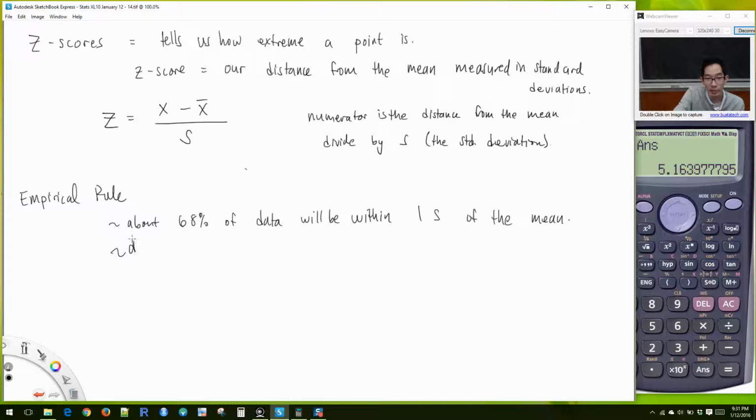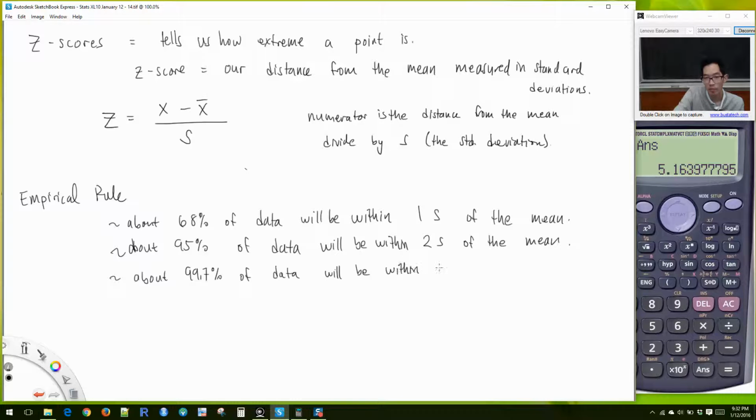About 95% of the data will be within 2 standard deviations of the mean, and then about 99.7, so almost all of the data, will be within 3 standard deviations of the mean.